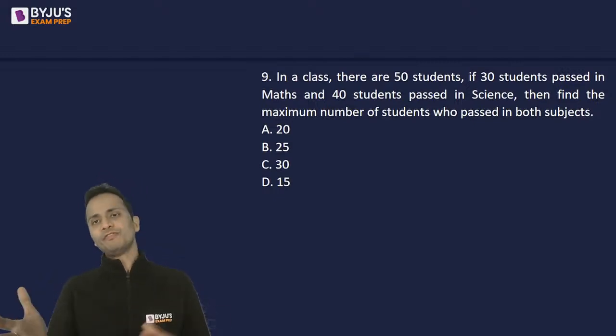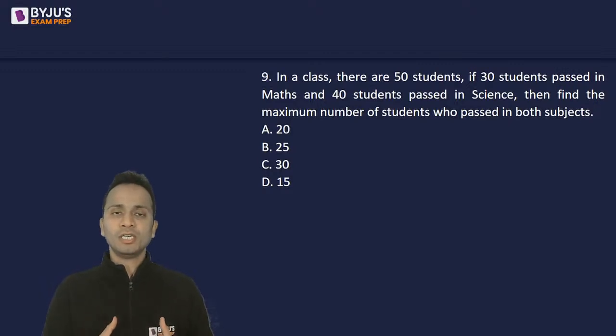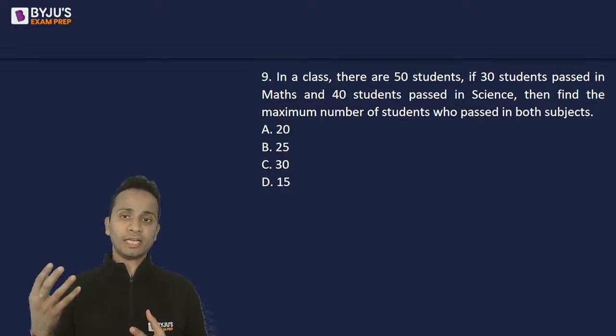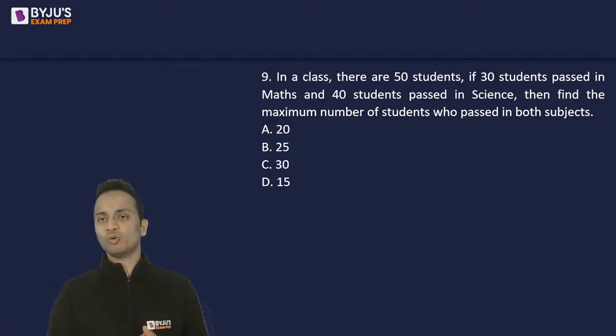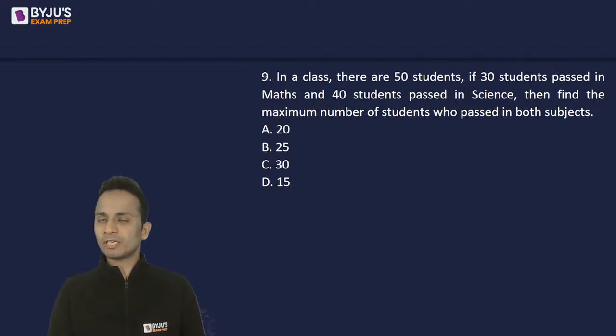Out of 50 students, 30 pass in maths and 40 in science. We have to maximize the number of students who pass in both. If you draw a Venn diagram, which region is the both region? The overlapped region.